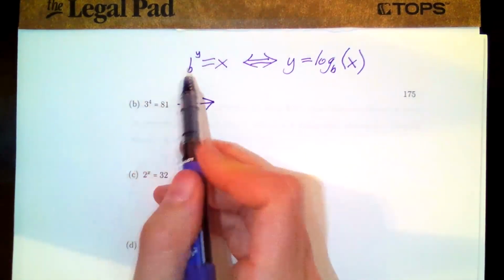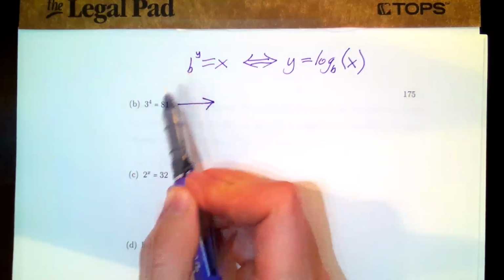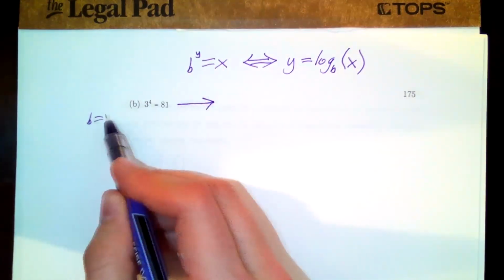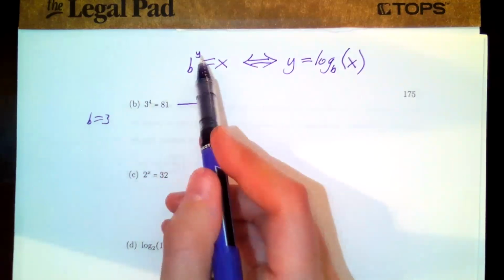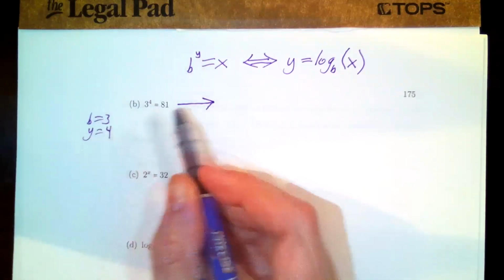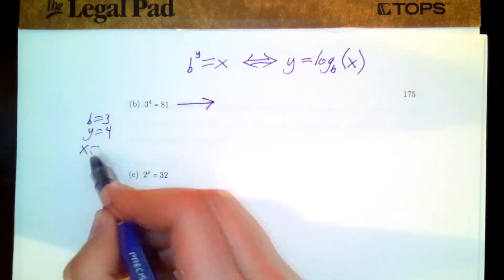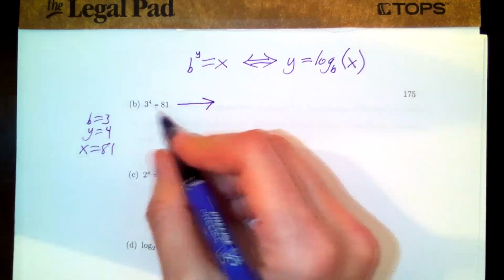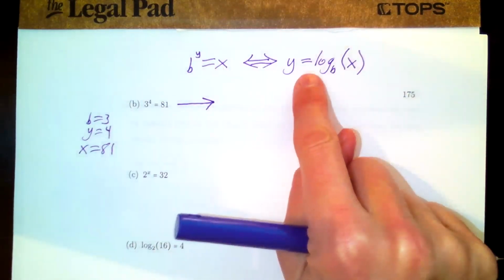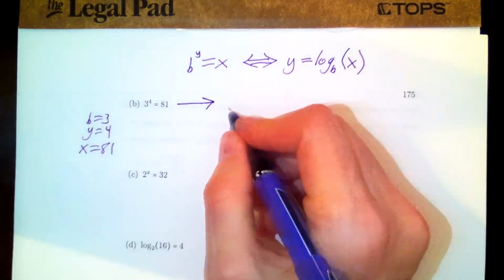If you like, write down what each of these things are. What's in my b position? In my b position is 3. What's in my y position? In my y position is 4. And what's in my x position? My x position is 81. So if I'm going to rearrange this into this statement, I've got to rearrange it as y equals log base b of x.